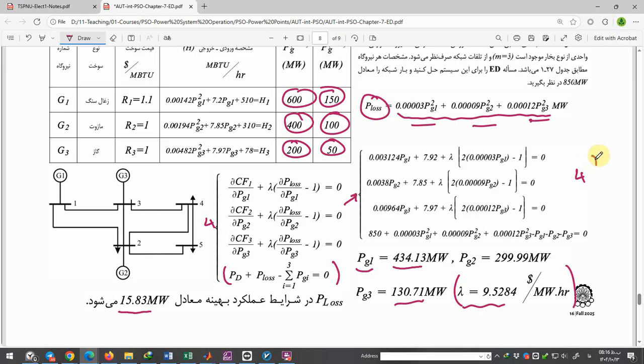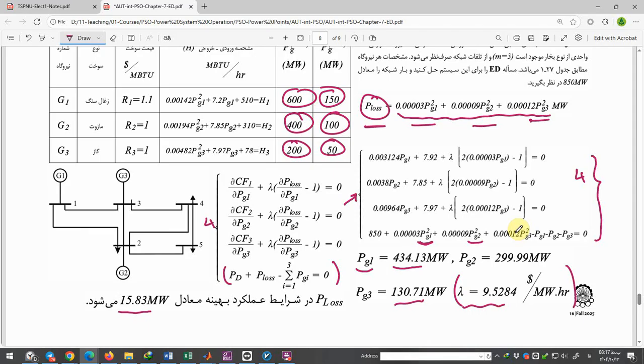Especially please pay attention, losses with squared parameters make a nonlinear problem, and I don't expect you to solve this set of equations in your final exam, but correctly writing this set of equations is very important.